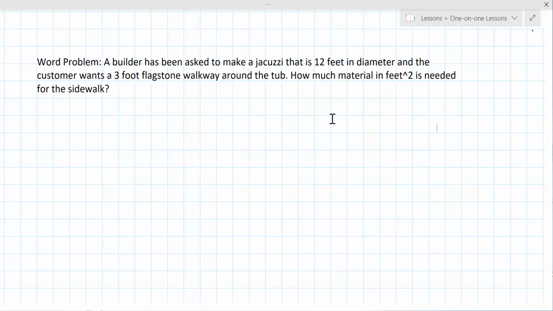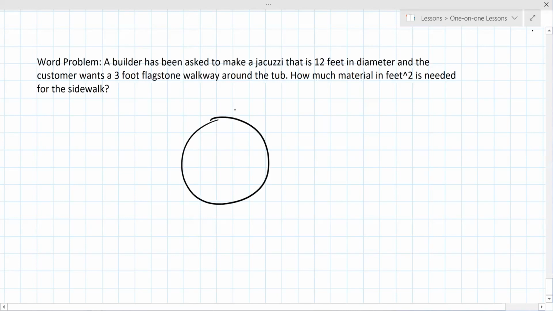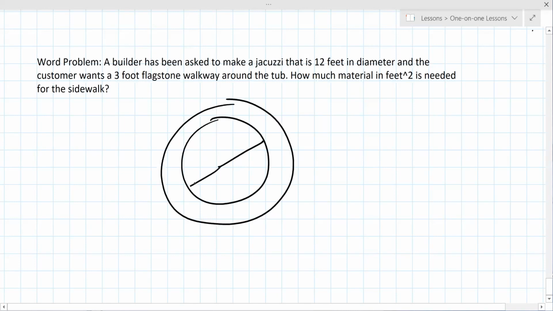So it's 144 halves pi minus 9 halves pi. And I didn't reduce 144 over 2 because 9 doesn't reduce.